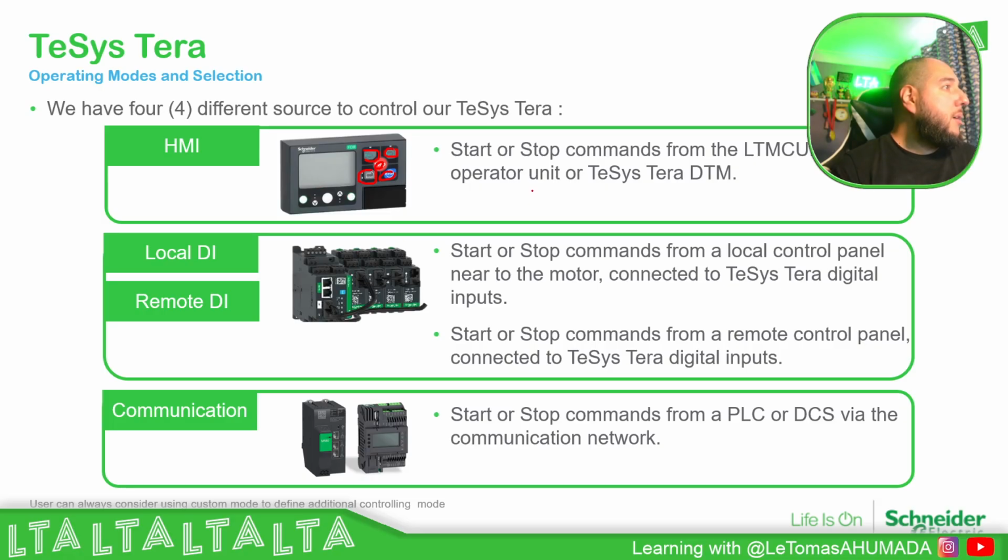We can also use the local IOs or remote IOs for the TeSys Tera. And then we can also use the communication, so we can select a PLC, whatever PLC that talks on the protocol that we have selected before. So these are the different communication sources that we can use to control the TeSys Tera.